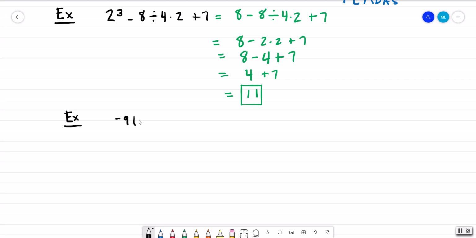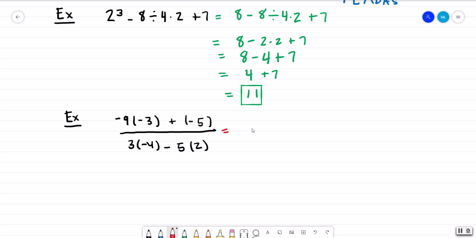So if you have -9 times -3, plus -5, and all of this is divided by 3 times -4 minus 5 times 2. We're told that we need to use the order of operations, but use it respectively for the top and for the bottom.